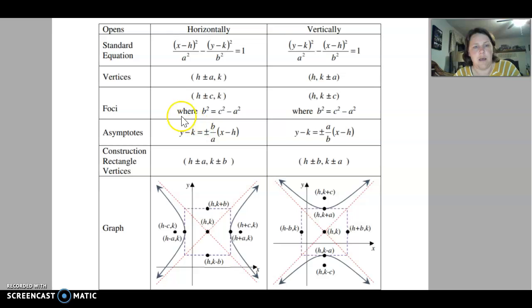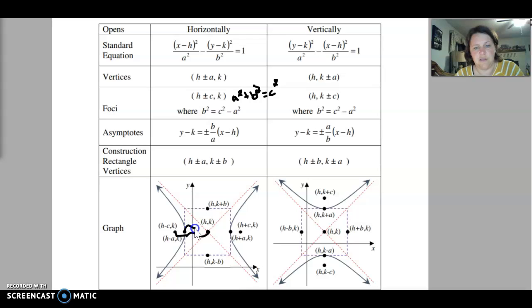Okay. Then for the foci, again, I prefer to remember this as a squared plus b squared equals c squared. So c is always your longest distance with hyperbolas, because the foci are farther away from the center than the vertices are.